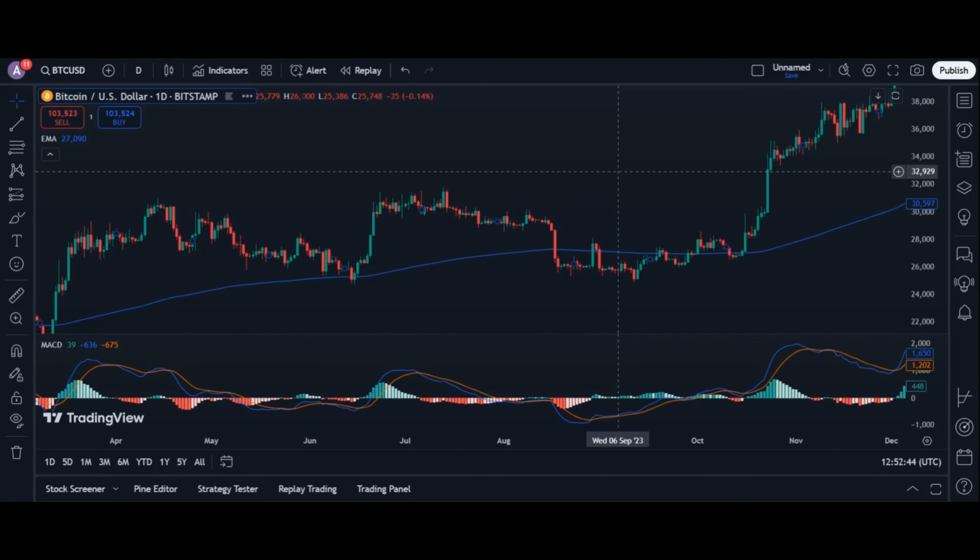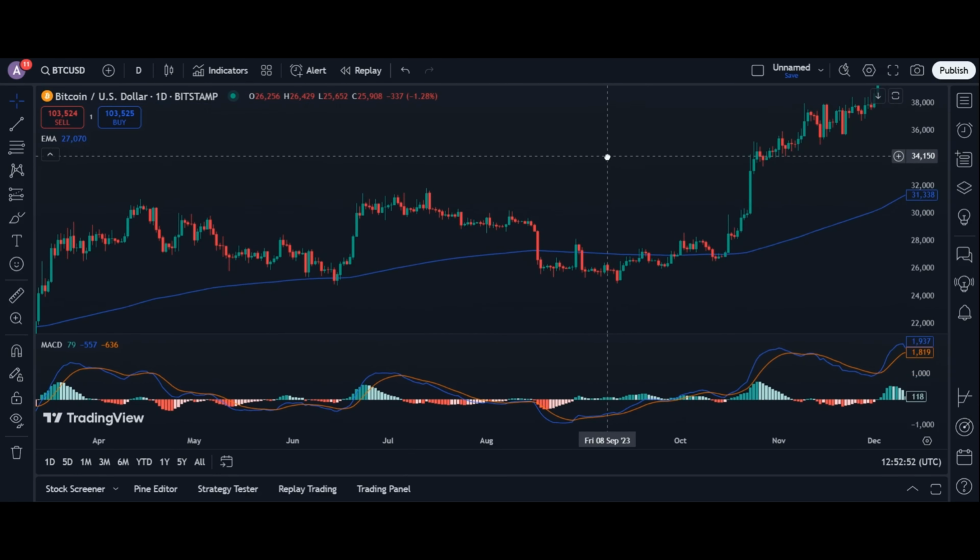I brought you another example, which is from the Bitcoin market, to show you how to use and utilize the MACD indicator in your trading. And as I mentioned earlier, for using MACD, there are some conditions. For example, whenever the MACD line crosses the signal line upward and they are located below the zero line, this is the best opportunity for buying and going for a long position.